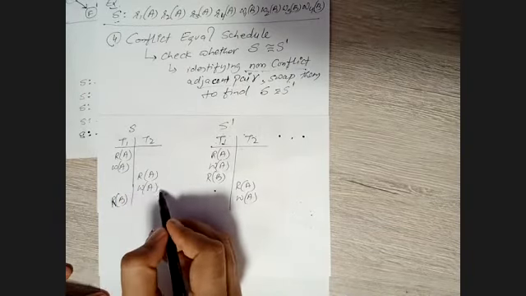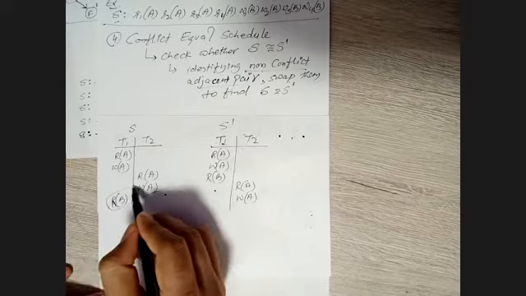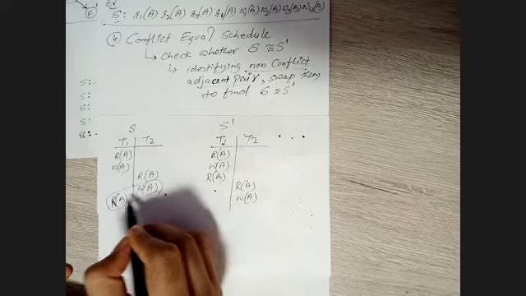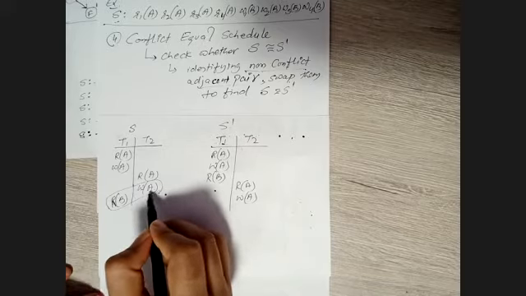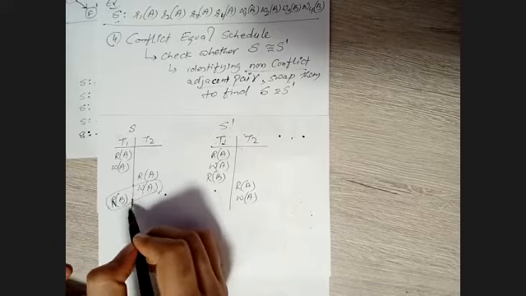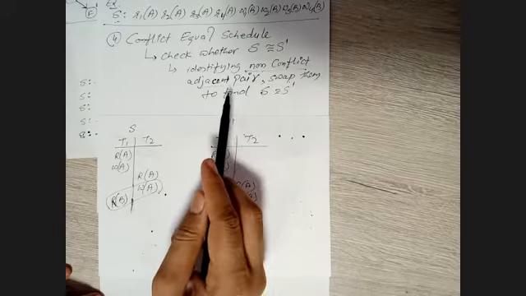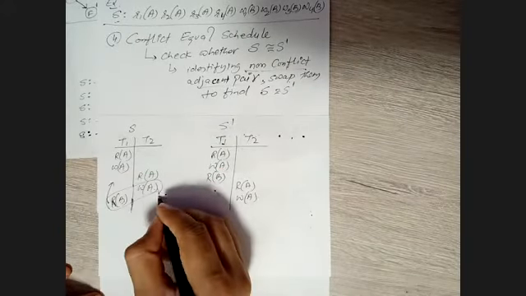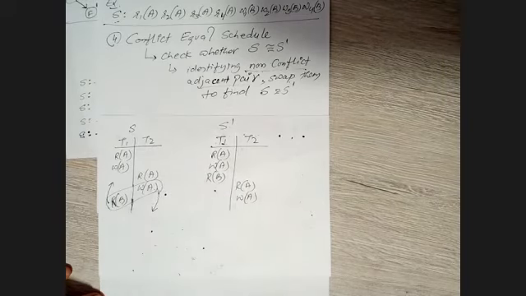Is this a non-conflict pair? Yes. Why? Because read and write operations are there, but from different data items. Hence non-conflict. So what it says is swap them, which means move this in the up direction and move this one down. Swapping.